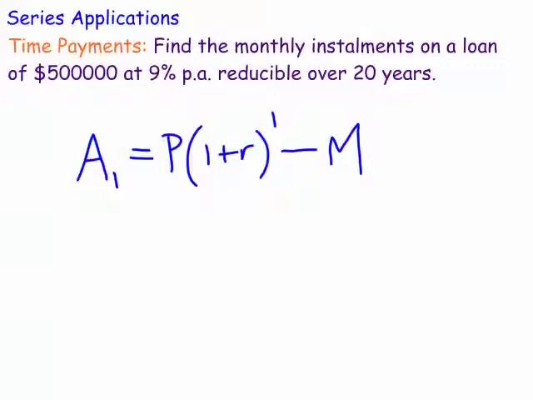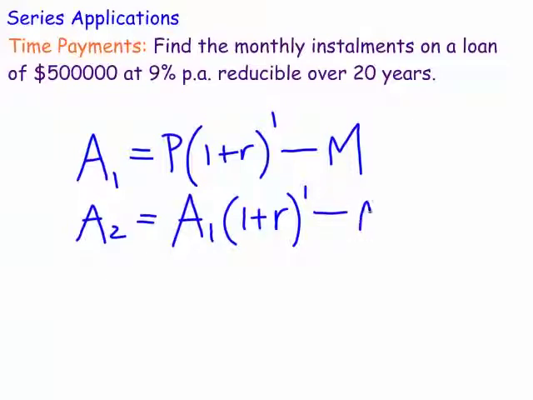So let's try and work out what A2 is, the amount owing after 2 months. Now, how we develop this formula is like a bit of a recursion, I suppose. It's like A1, 1 plus R, now it's going to compound interest for another period, and I'm now going to take off another monthly installment.